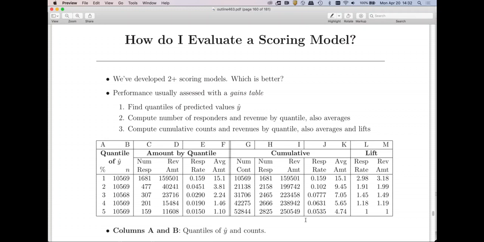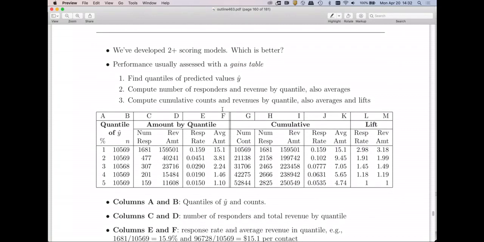The way these things get summarized is in a gains table. Maybe I've developed two or more scoring models and I want to determine which one is better. The gains table is going to help me do that. Here are the steps in generating a gains table.